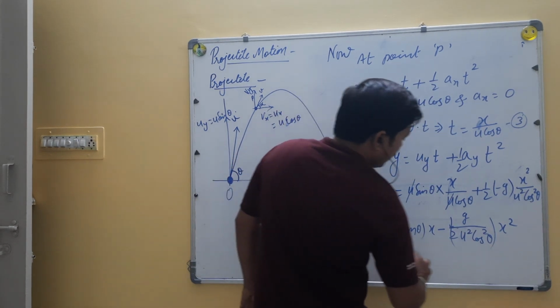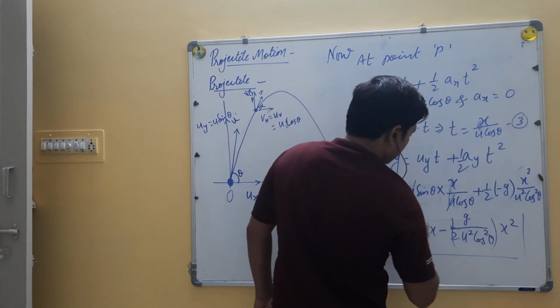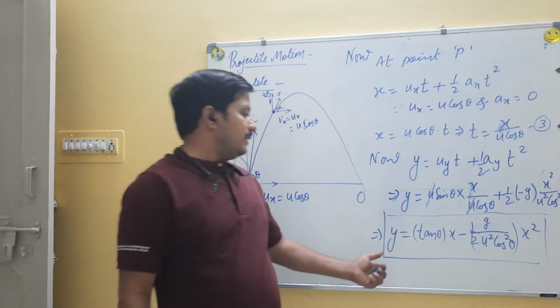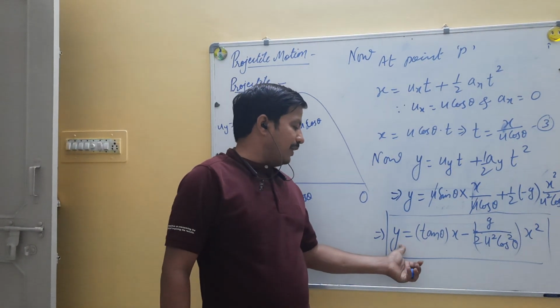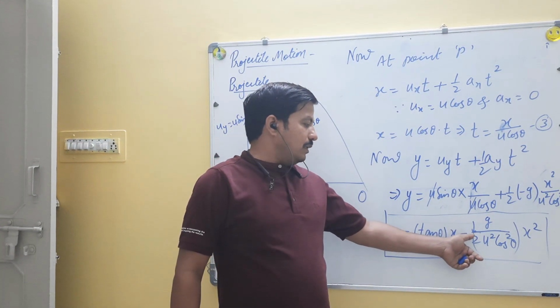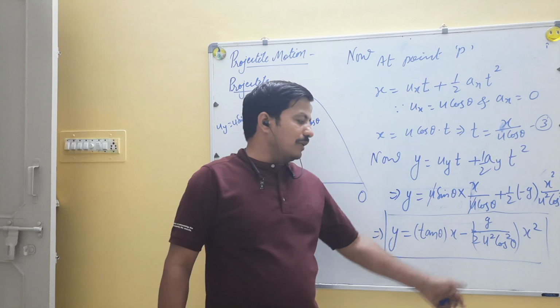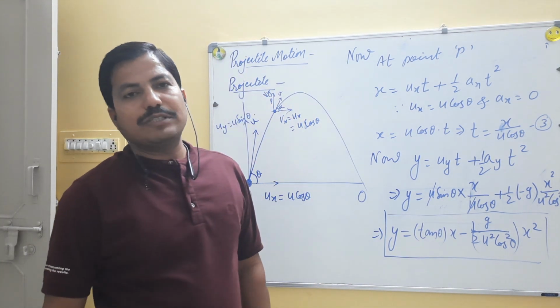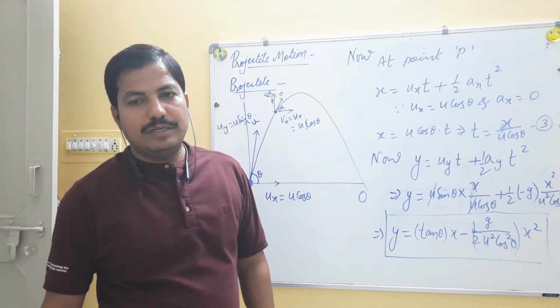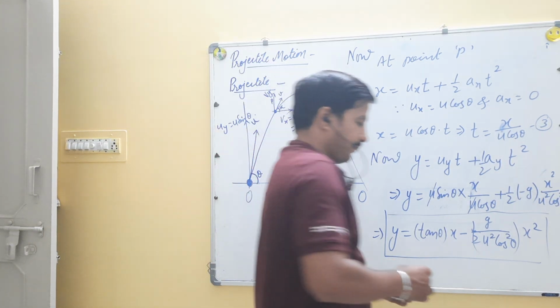This is the equation of projectile. This is y is equal to tan theta x minus g upon 2u square cos square theta into x square. This equation represents the equation of projectile, which is a parabolic equation. This is the equation of a parabola.